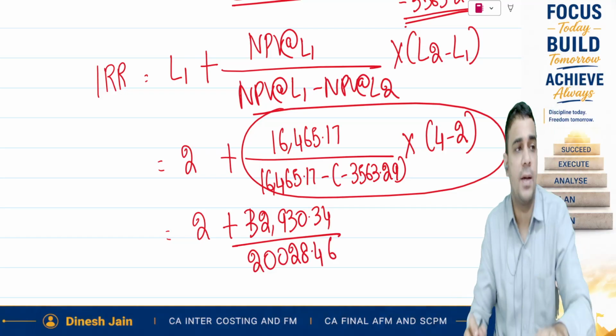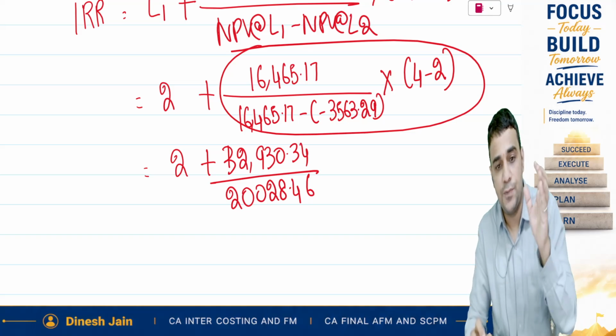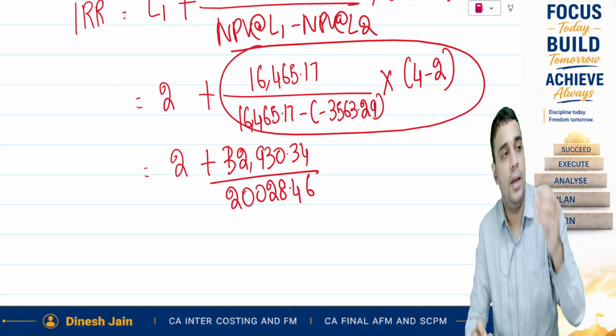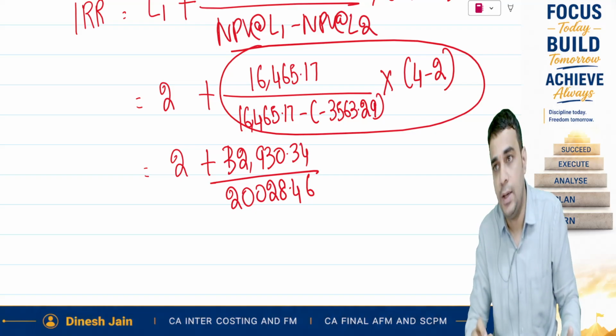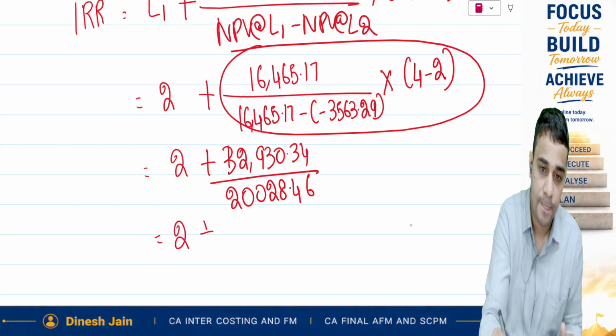Minus of minus will become plus. 16,465 into 2 divided by 20,000, 28.46. And in the end, you get 2 plus.